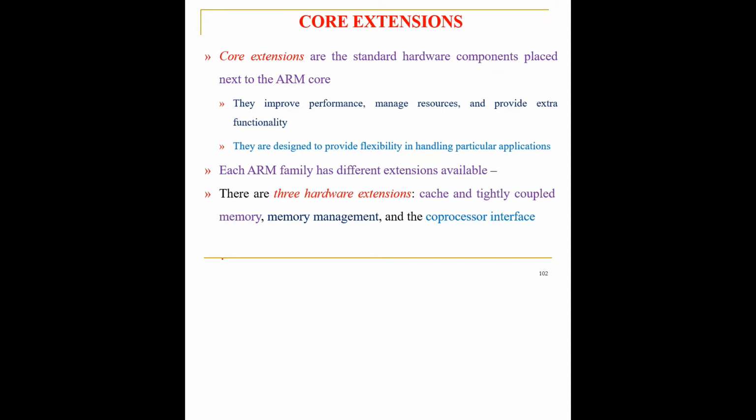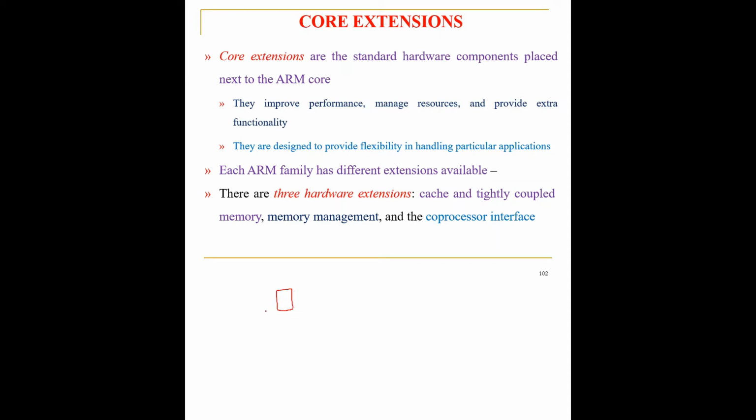So the very last topic we need to learn in today's video lecture is all about core extensions. What do we mean by core extensions? Core extensions are the standard hardware components placed next to the ARM core. Why do we place them? Let's say you have a processor, and it is not able to do a particular functionality.